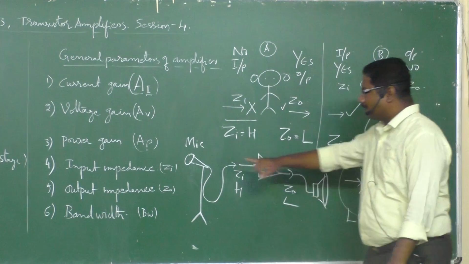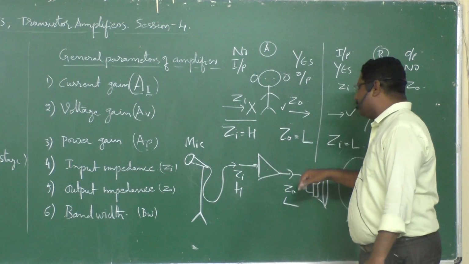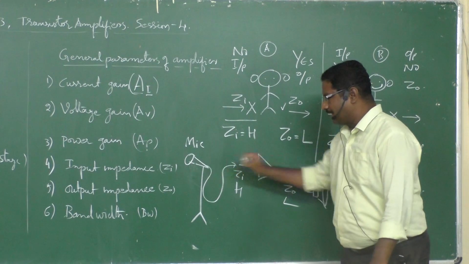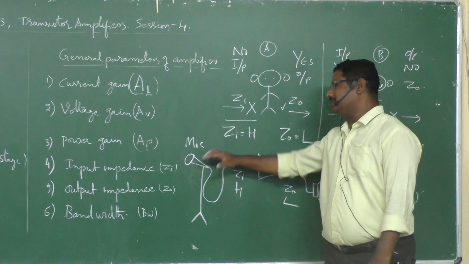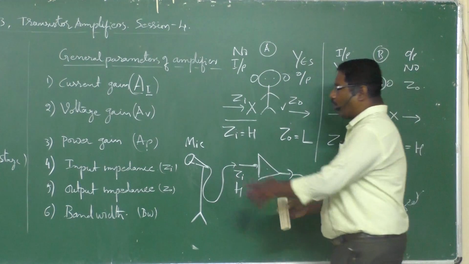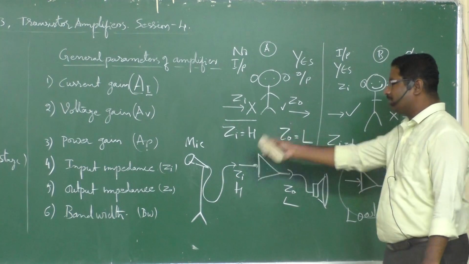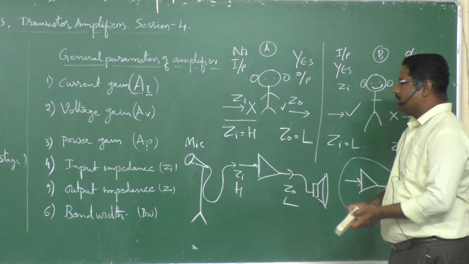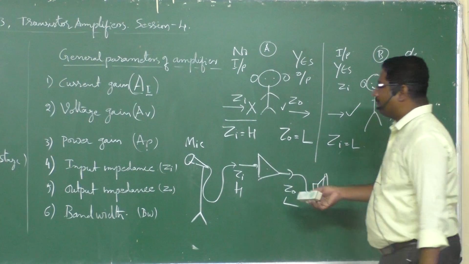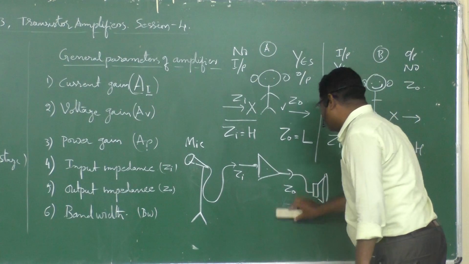The input device is not capable of giving enough current to this amplifier, so the amplifier starts grabbing and it falls on that. That means it is causing loading. So that loading effect is seen. I told you we will see the shocking effect. That shocking effect is nothing but the loading effect; that shock we are feeling. That is the phenomenon happening when input impedance is not high and output impedance is not low.